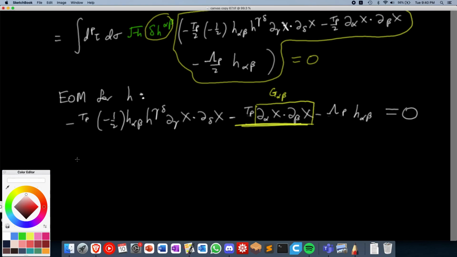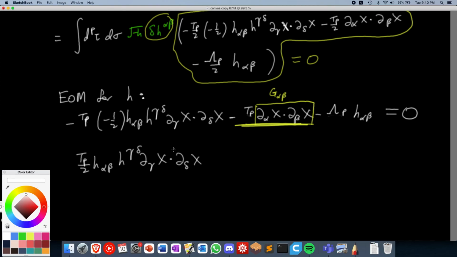How do we do that? We can do so by bringing all terms to one side. So we have Tp over 2 beta. And just to clarify, what is this dot product over here?